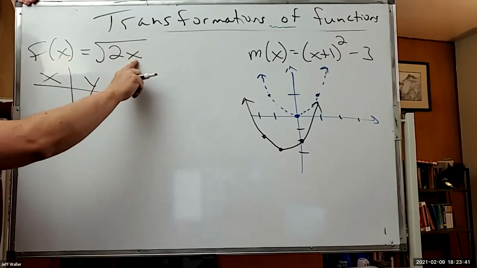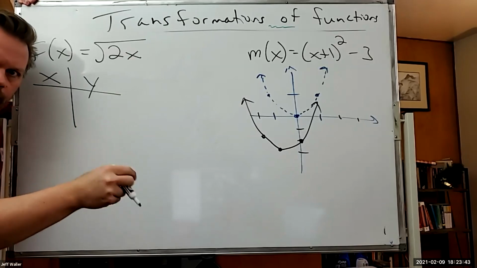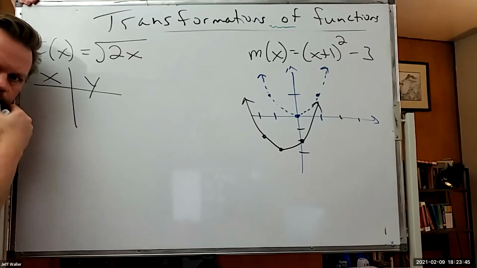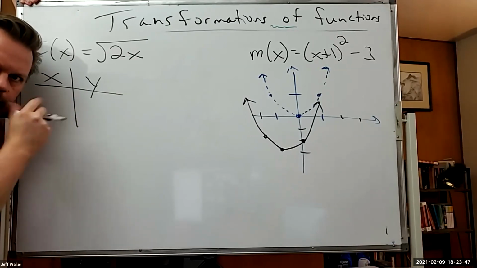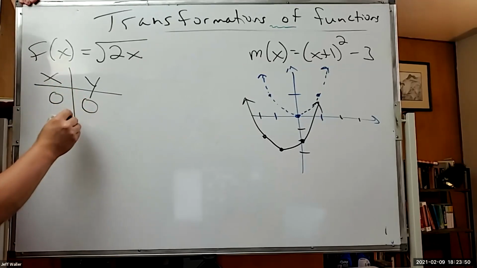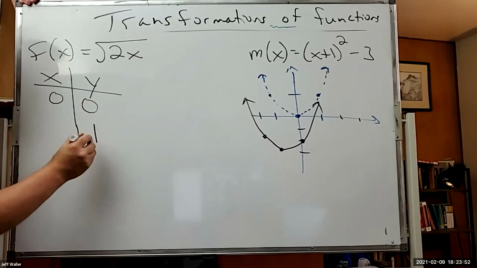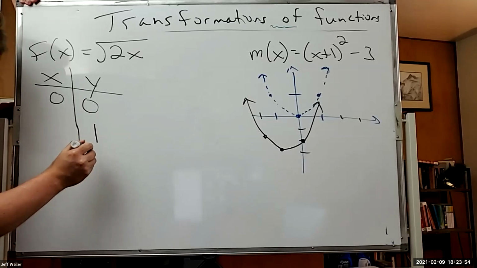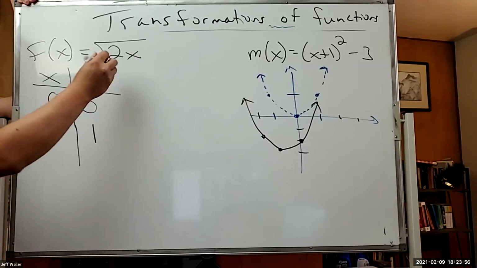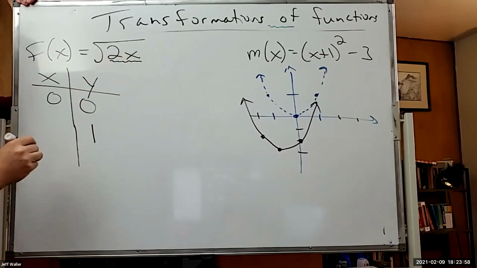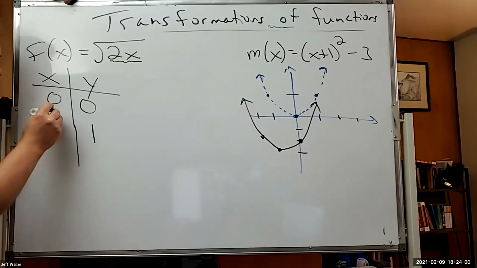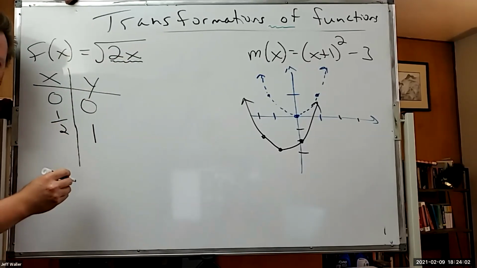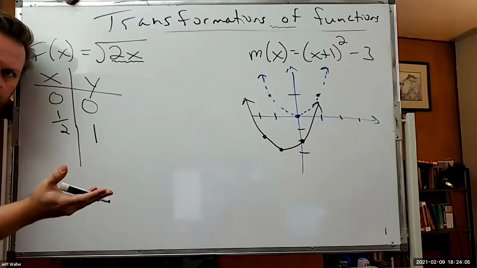The smallest x I could use is still what? 0. And sure enough, I get a 0 out. Now, how do I get a 1 to come out? What would I have to put in here? 1/2. Interesting.